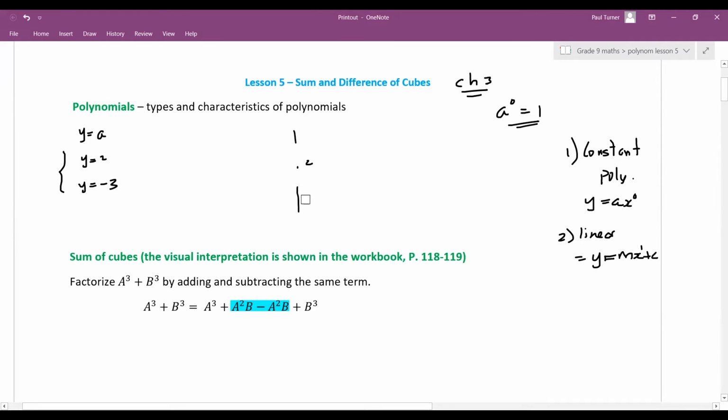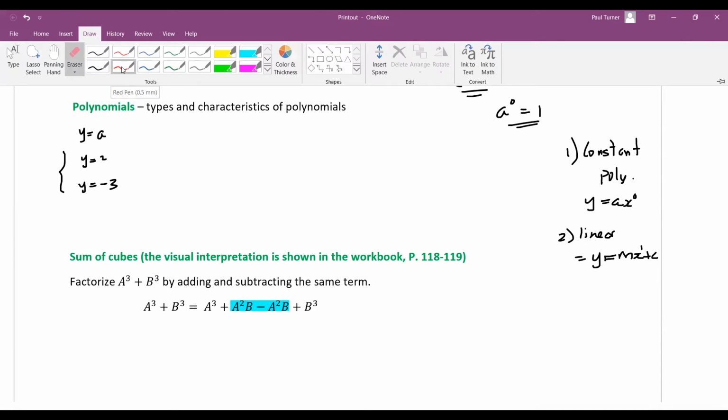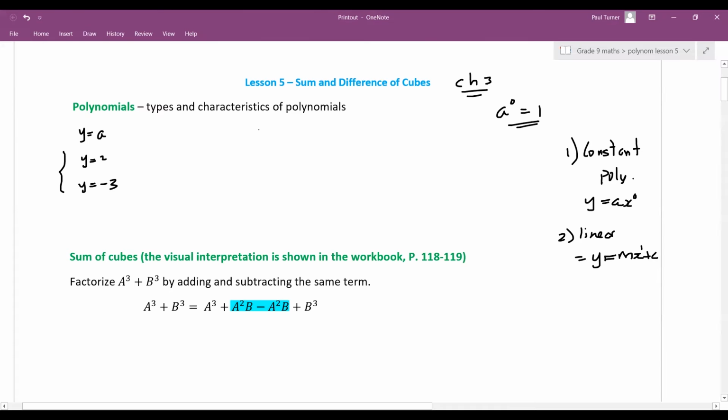But I think you saw quadratics probably a bit last year. So another polynomial, number 3, would be a quadratic polynomial. A simple one would be y equals x squared. And if you were to graph that, it looks like this.